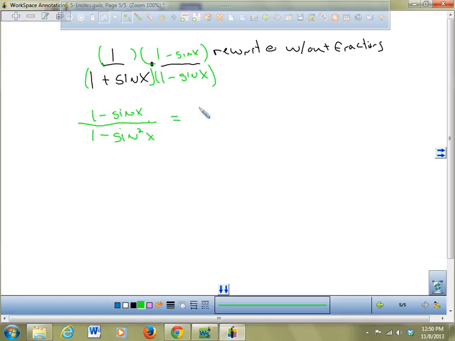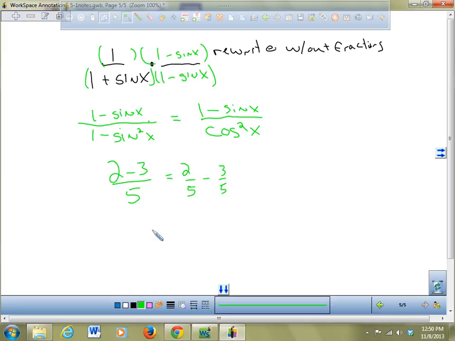So now I could rewrite this as 1 minus sine of x over cosine squared x, and then break this into 2 different pieces because you're trying to write it without any fractions. Like you could write 2 minus 3 over 5 as 2 over 5 minus 3 over 5, right?